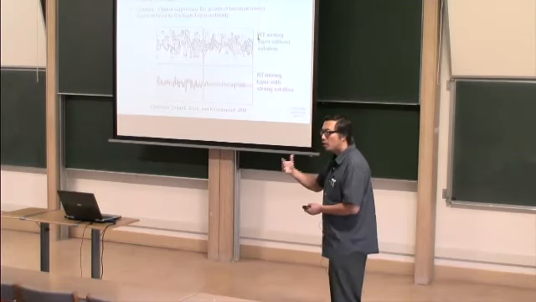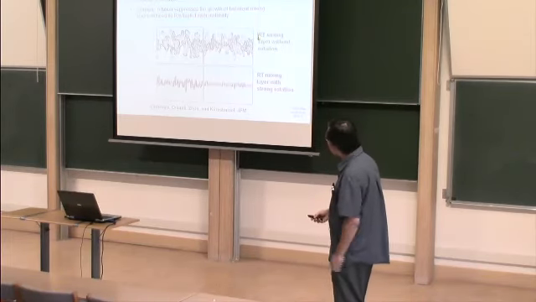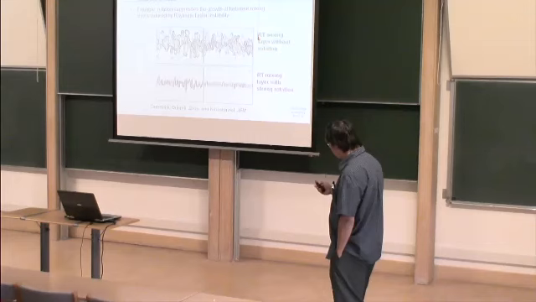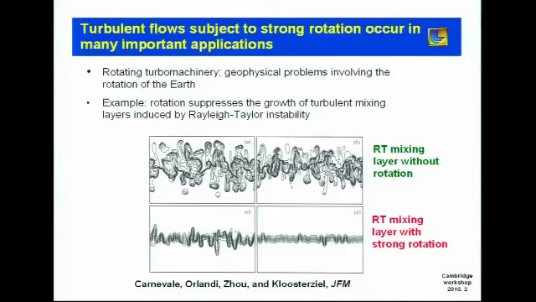If you let them go, you will start to develop all this kind of instability driven flow. If you look at the picture, with the heavy stuff on the top and the lighter stuff underneath, you will see the development of bubbles and spikes, depending on whether you're talking about the interpenetration of the heavy or the light fluids.